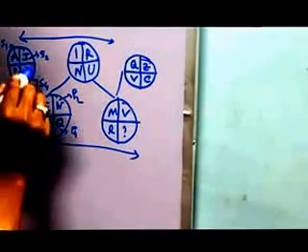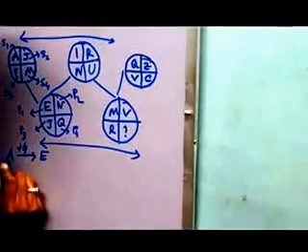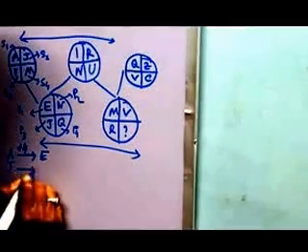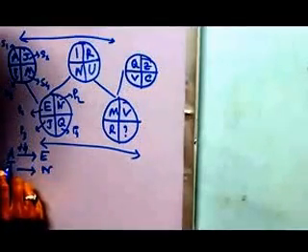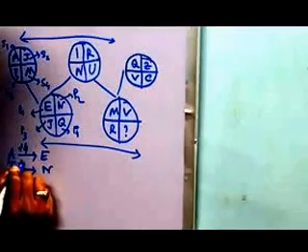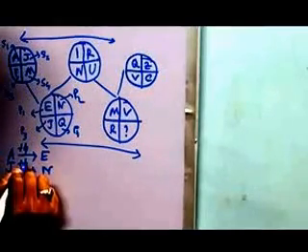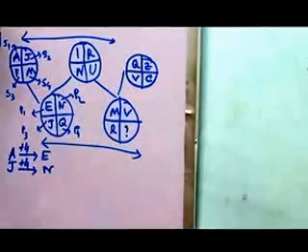Similarly, in the case of S2 and P2, what do we get? J to N. We can go from J to N by stepping 4 steps forward.